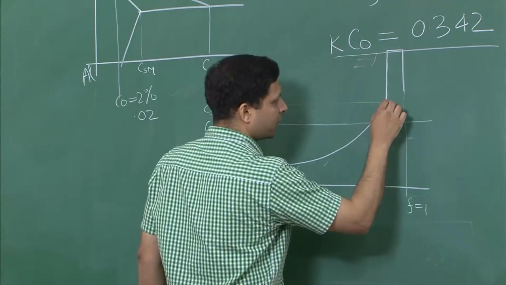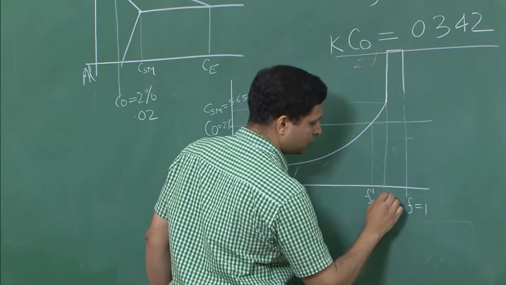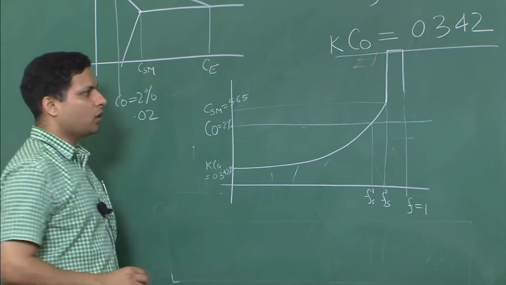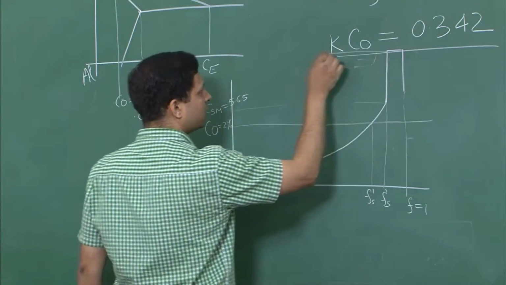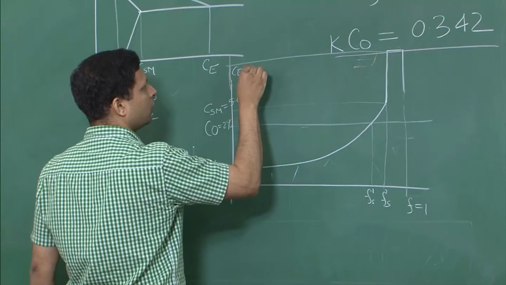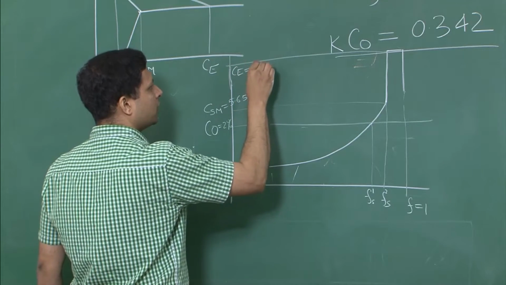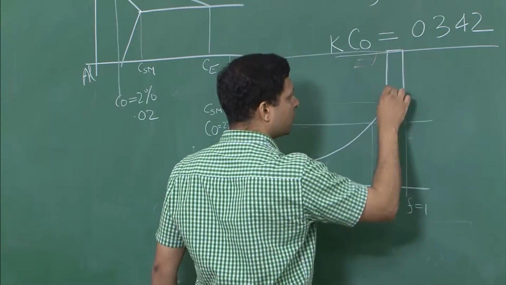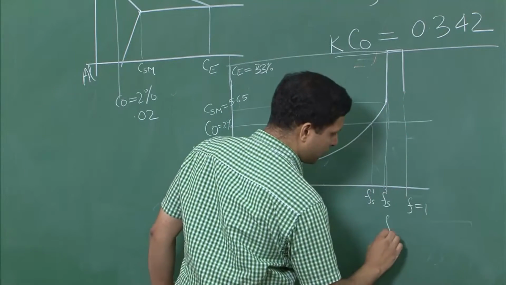So we have to find a concentration for this. Then we have to also find the concentration where it reaches CE. So this is CE equal to 33%. So the fraction corresponding to this is Fs3.